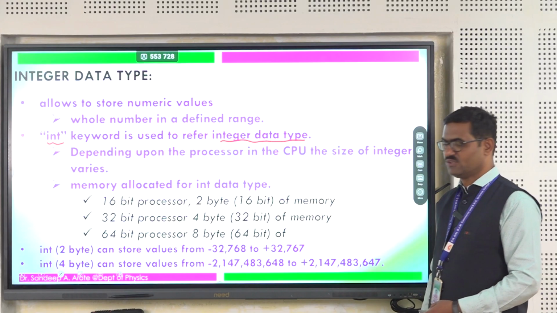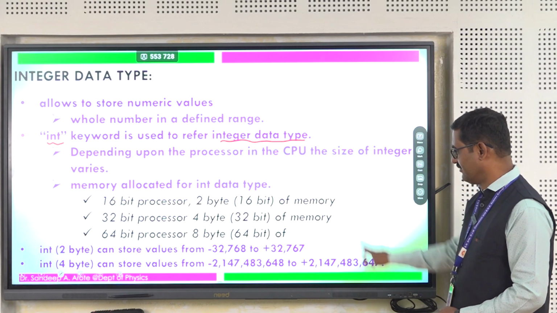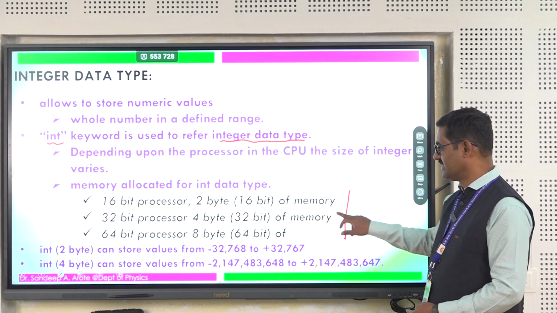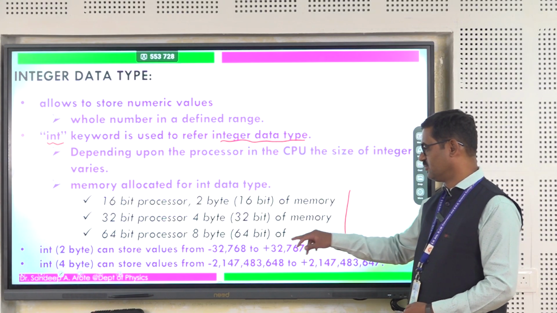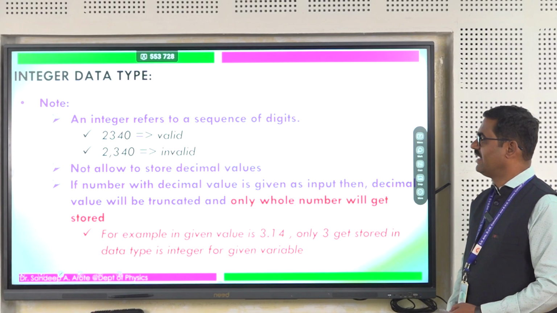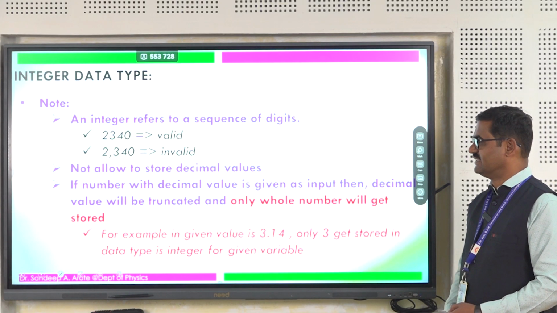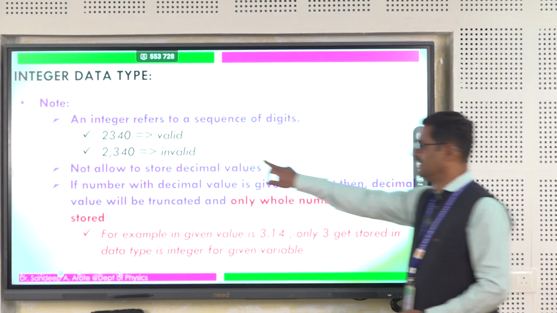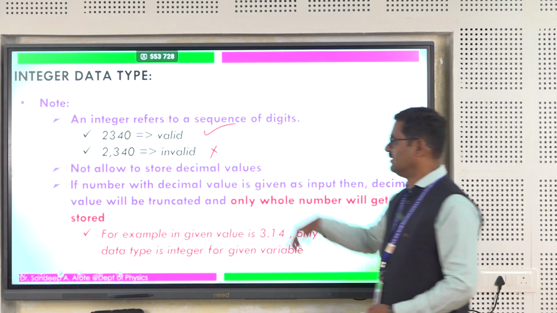How much value it can take depends upon the processor. Here you can see the memory is different for a 16-bit, 32-bit and 64-bit processor. Note that an integer refers to a sequence of digits; this one is invalid, this one is valid, as we have already seen.